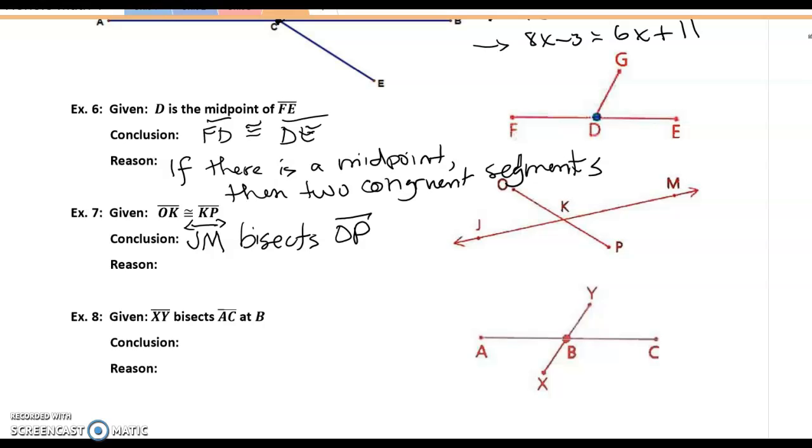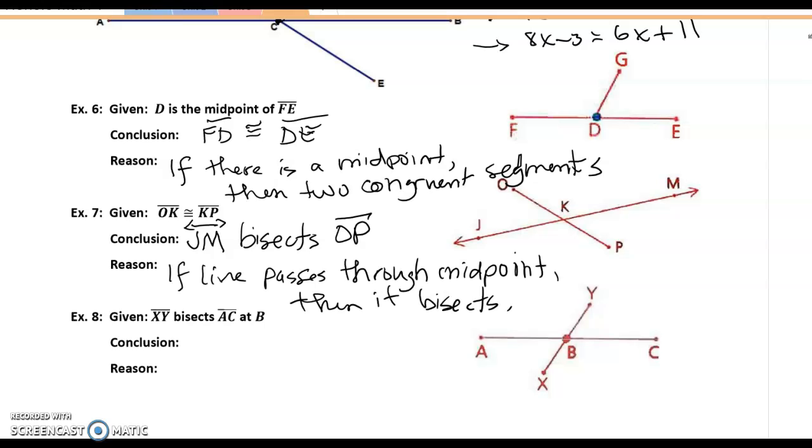And what's the reason? Well, if a line passes through the midpoint, and we know that K is a midpoint because we have OK and KP as being two congruent segments. So if a line passes through the midpoint, then it bisects.